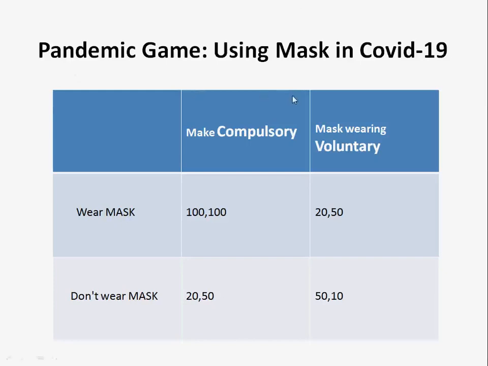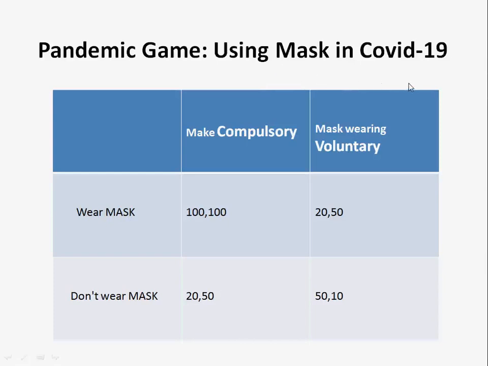So this is a game between two players. Who are the players? Any game has multiple players. In this case, you have two. The first player is on the topmost side, if you can see the cursor: the government.